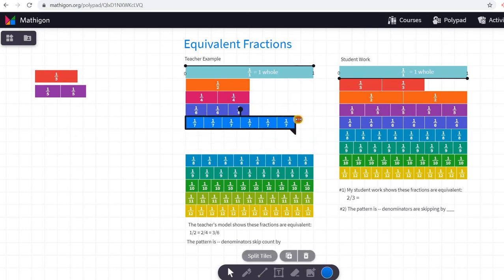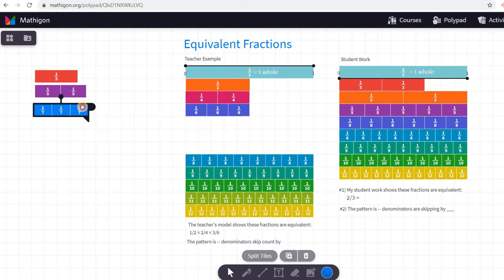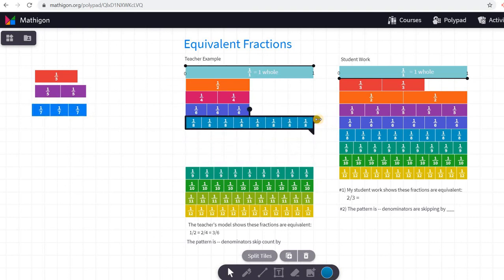And now I'm going to try with 7ths. I'm going to subtract 1 at a time. I can see that 7ths is not going to make an equivalent fraction to a half. No matter what I do, 7ths is just not going to become a half. So I need to put it aside and try the next one. 8 out of 8 is 1 whole. I'm going to subtract 1/8 at a time.